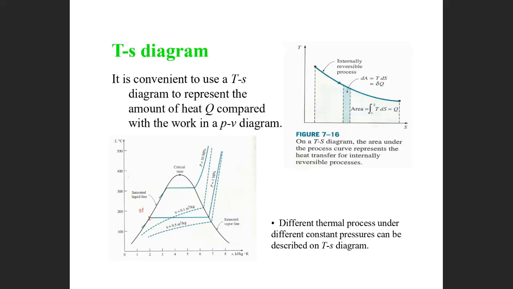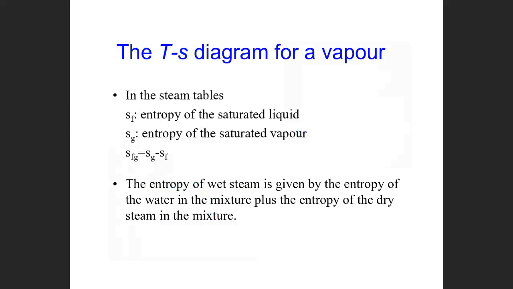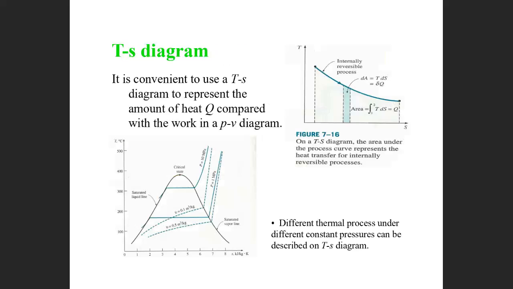And at this point, the saturated vapor, they are using g for the saturated gas, which is the saturated vapor. Then this is the difference, and we can see this difference gets smaller and smaller with the increase of the pressure.